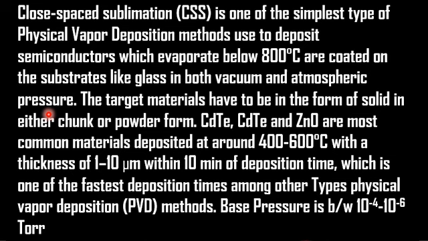So this will cause a highly pure thin film on the surface of the substrate. In case the closed space sublimation is done at high pressure or at atmospheric pressure, then this means that when the precursor material is evaporated in the closed space reaction chamber, the mean free path of the precursor material in the gaseous phase becomes less than the distance between the sample holder on which the precursor is placed and the substrate.